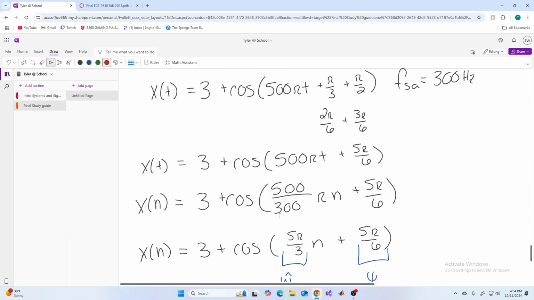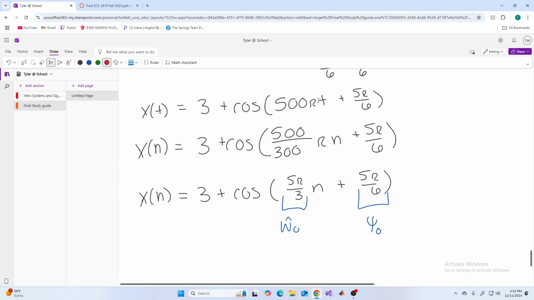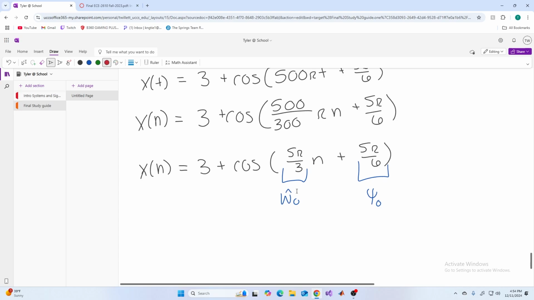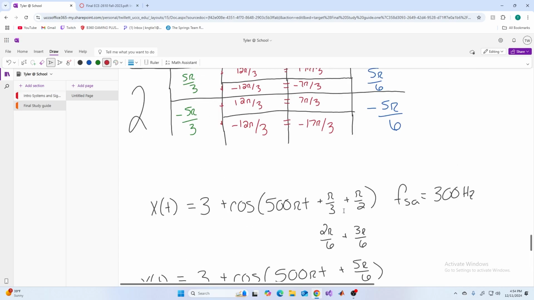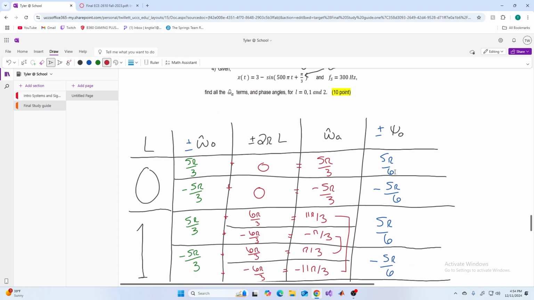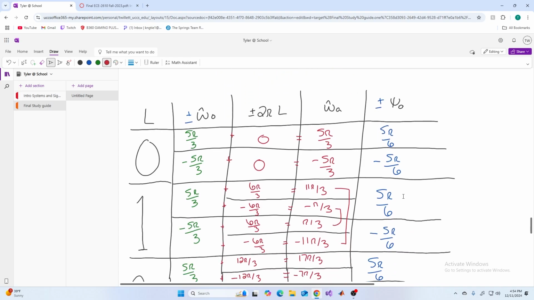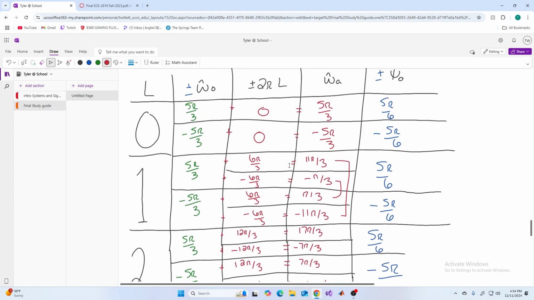We divide the frequency by our sample frequency to get our normalized frequency, and we have our original phase. We plug those values in, and look at how they alternate. It's plus or minus. They alternate every time. Notice this one here doesn't have 2. You can do 2 if you would like. There's just no point because for this one, they're going to be exactly the same.